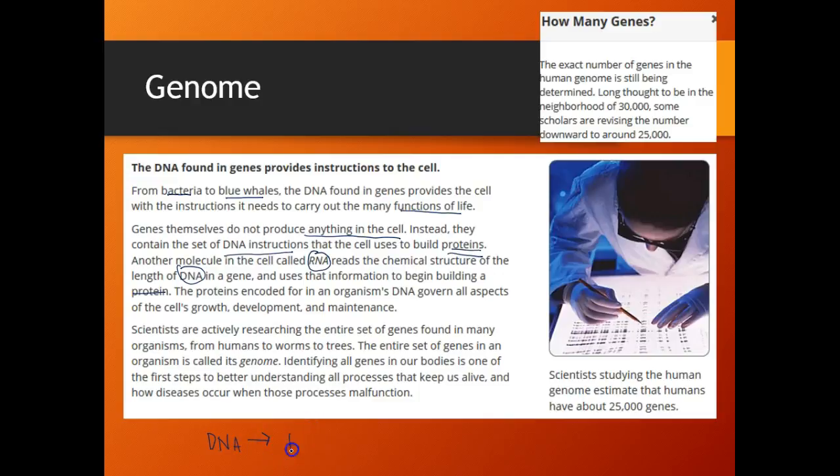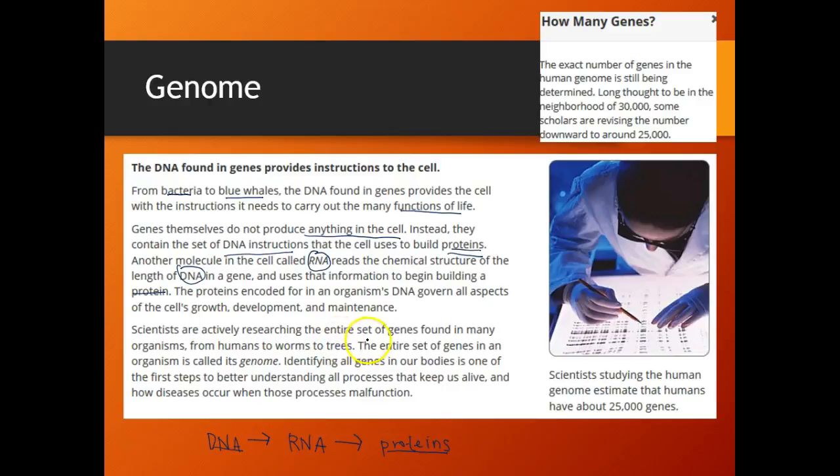From DNA, we're going to produce our RNA, and we're going to use that RNA to actually make the proteins that we need in order to have a functioning cell. Again, DNA is our original instruction, and proteins are what we use in order to do things like producing energy, providing structure, etc. in the cell.